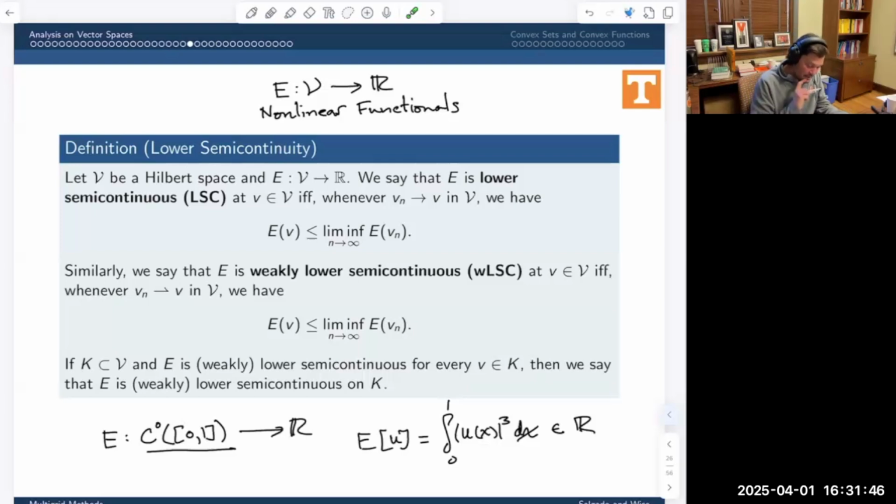Now, for these things, we're going to be interested in things like continuity and differentiability. We're also going to be interested in this weird concept that you may have never seen before, because it has something very useful to say in the context of optimization. This is the notion of what's called lower semi-continuity. So let V be a Hilbert space.